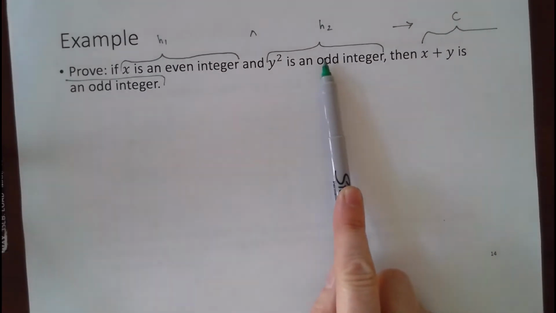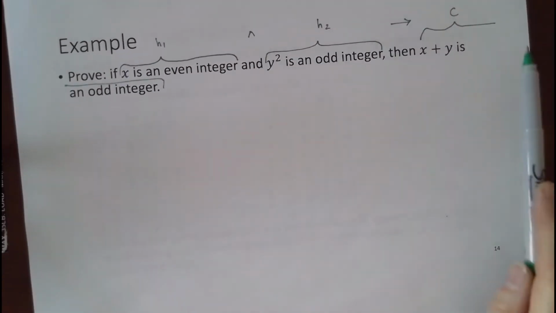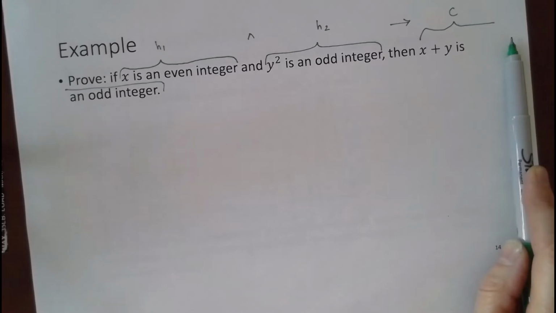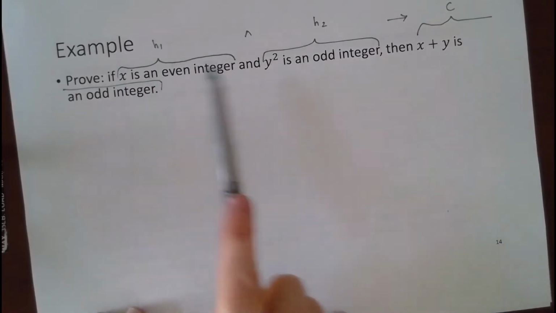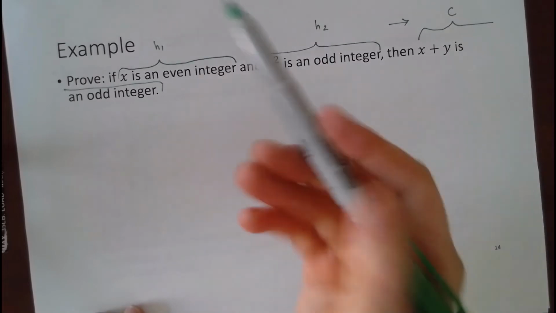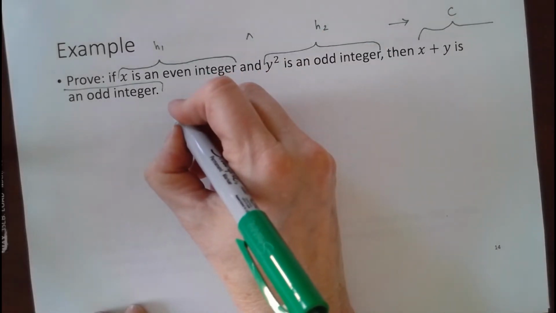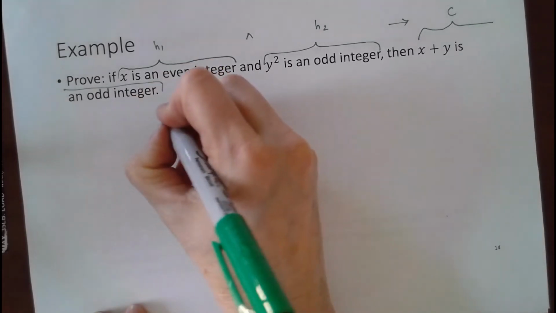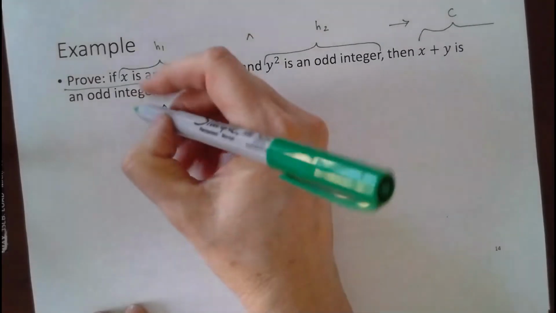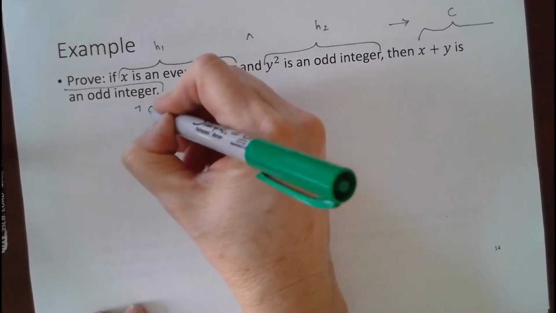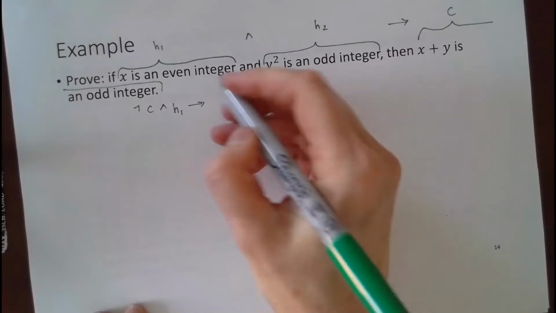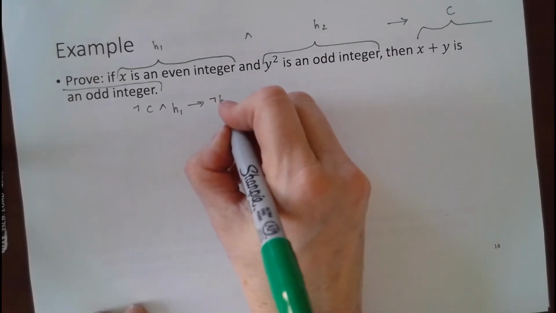And it would be really nice if we could move that and have that as the result, as something that we're trying to prove as the conclusion. Okay, or the negation of that, right? So if we rewrite this as h1, leave that one, okay, and negate the c, and then implies, and then move the negation of this one to the other side.